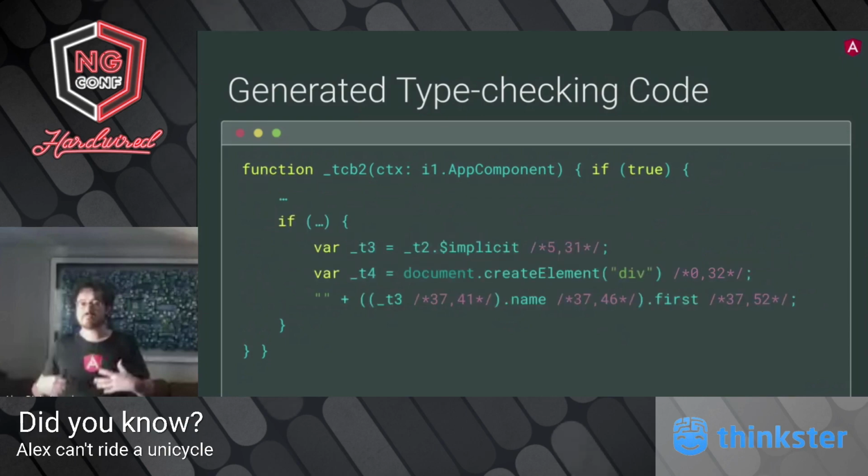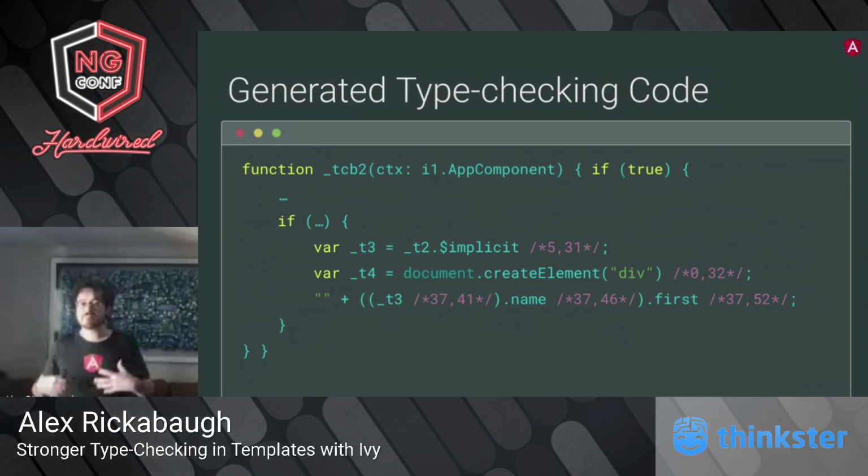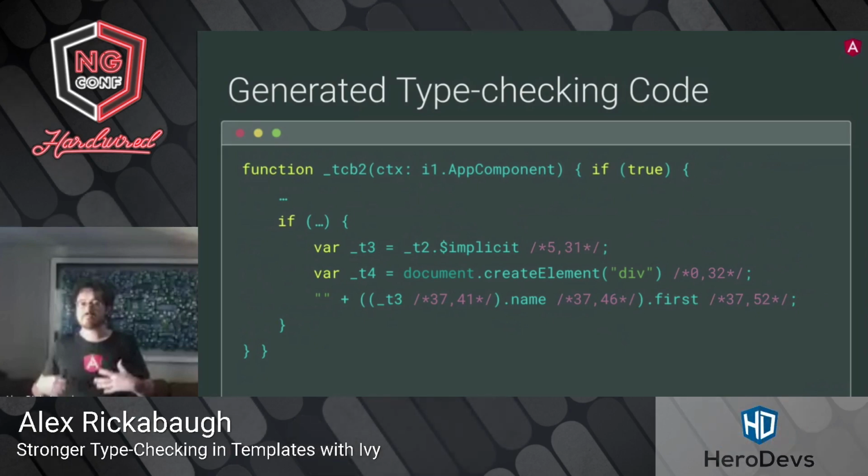And inside this if block, we can now extract $implicit, which is the internal name in Angular for the let user variable. It's actually short for let user equals $implicit. And that's going to be the actual loop variable of type user. And that's called t3 here. Then all that we have to do is reflect the actual expression t3.name.first and let TypeScript tell us if there are any problems with that.